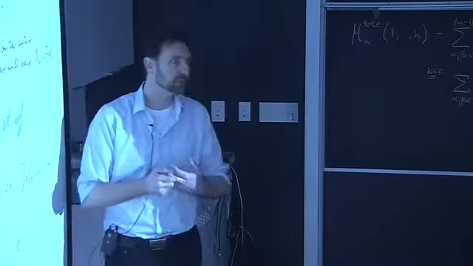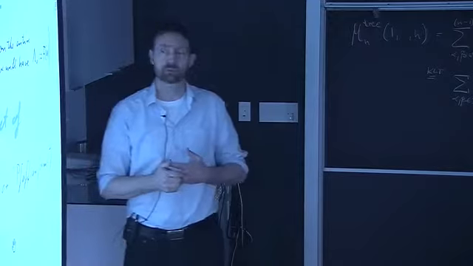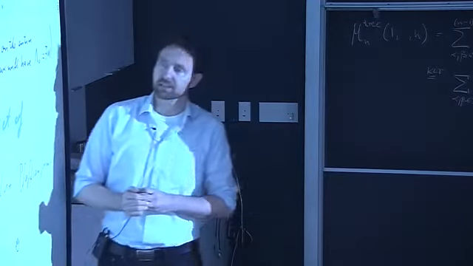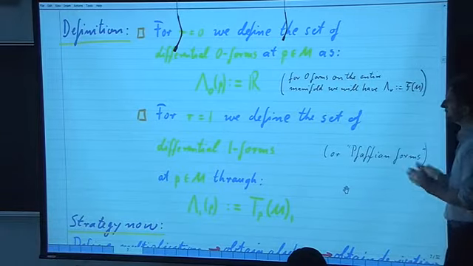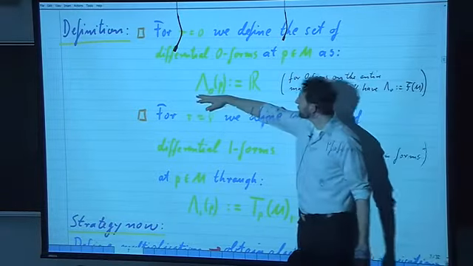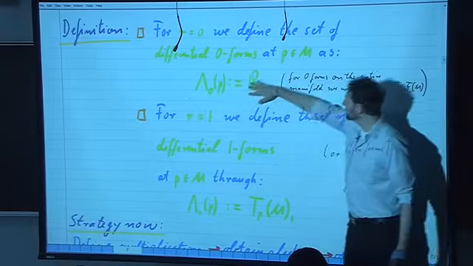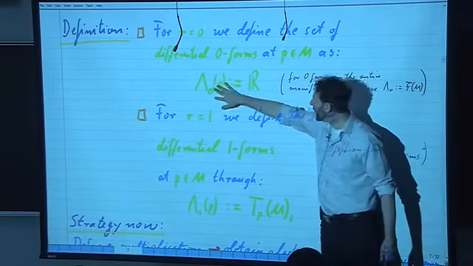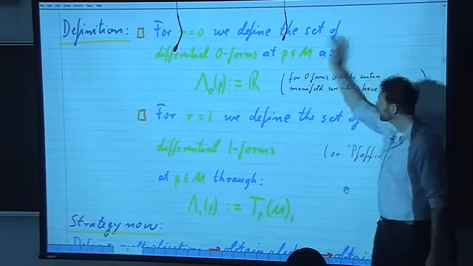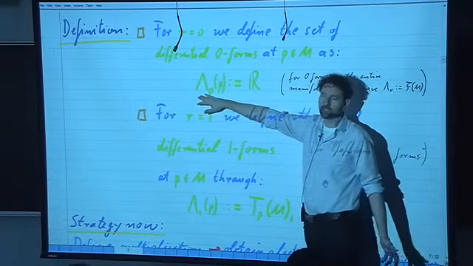So we need to be able to handle one forms. What could one forms be? It turns out that 0 forms and 1 forms are very easy to define. We had them already. The 0 forms are just the numbers, just the scalars at a point, and over the entire manifold, the 0 forms are just going to be the scalar functions.